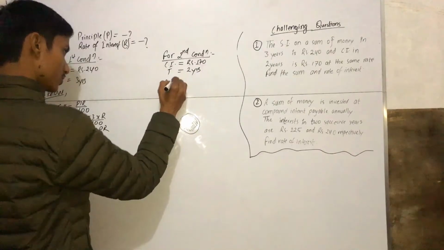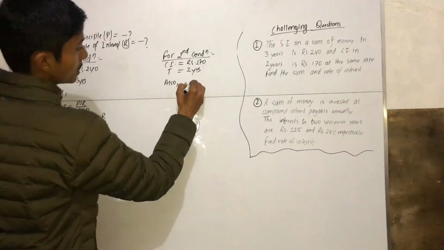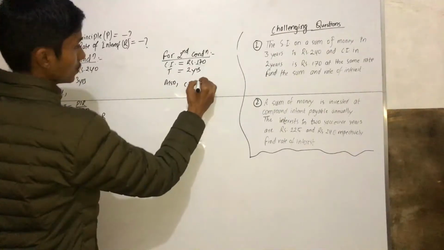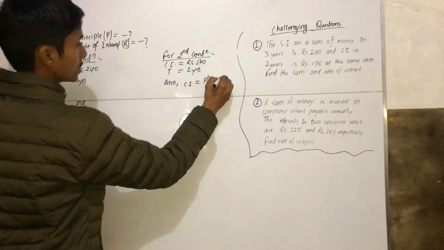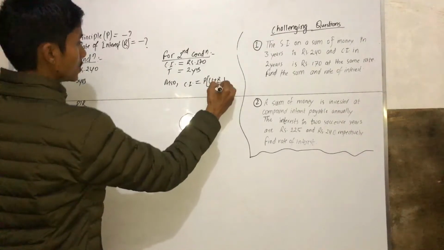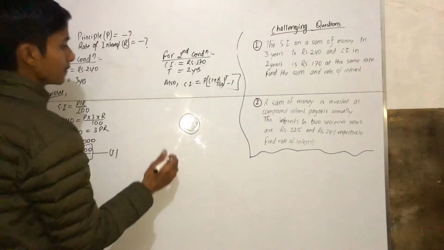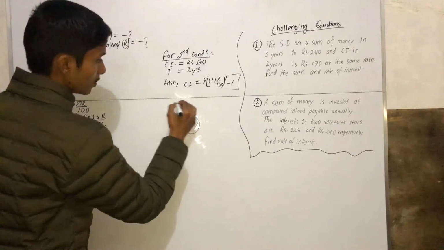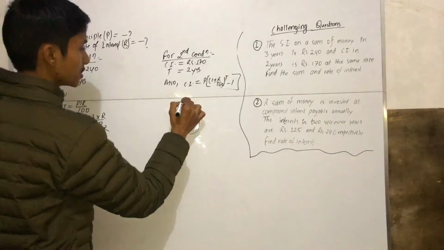Here also we know the formula of CI: CI is equal to P times (1 plus R by 100) to the power T minus 1. So let's solve it, and here our CI is 170.